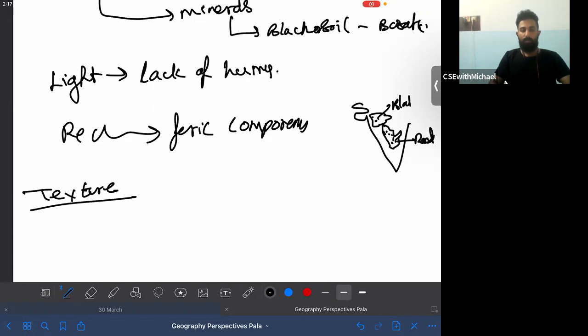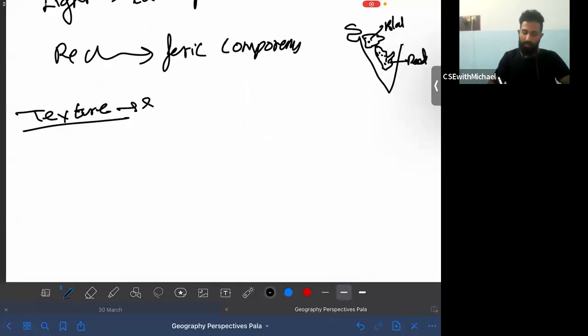Now there is another factor, that is the texture of the soil. Now the texture of a soil can also be classified by different methodologies. Texture would be talking about the size of the soil particles.